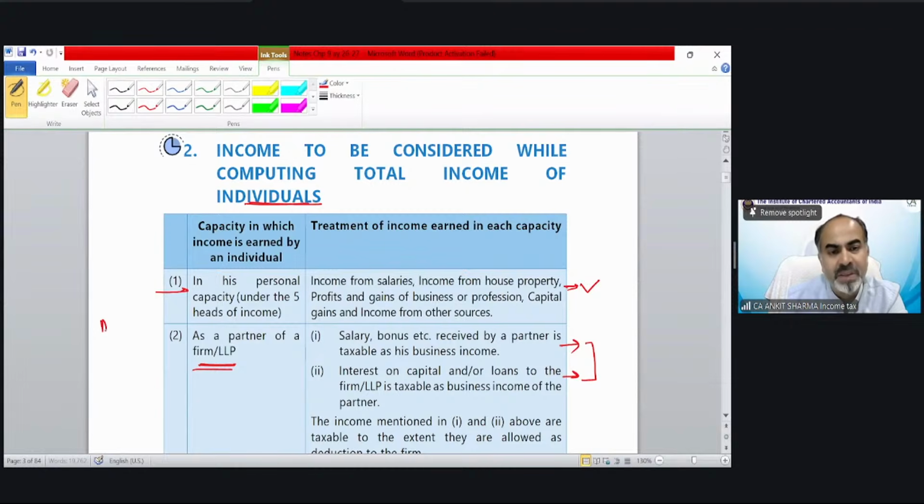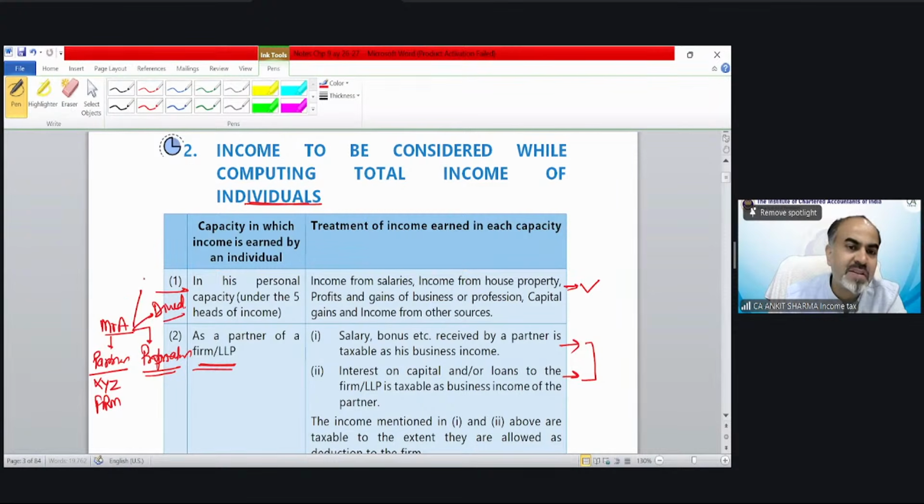Suppose Mr. A is a partner of XYZ partnership firm. He is also running his proprietorship business. So he's running a proprietorship business also, and he's a partner of XYZ also. He's also having some dividend income.